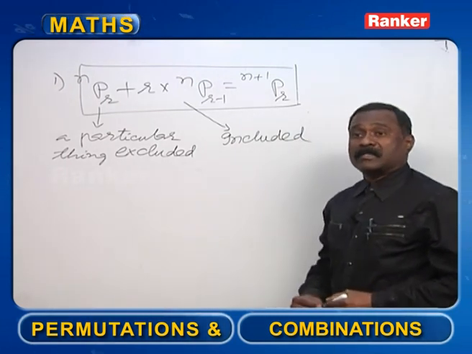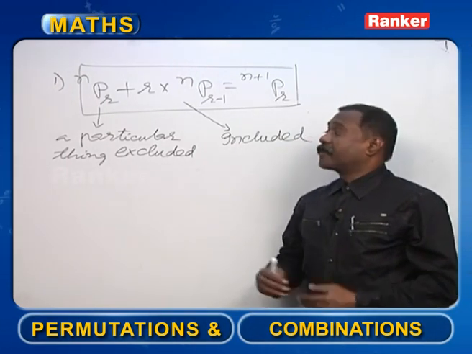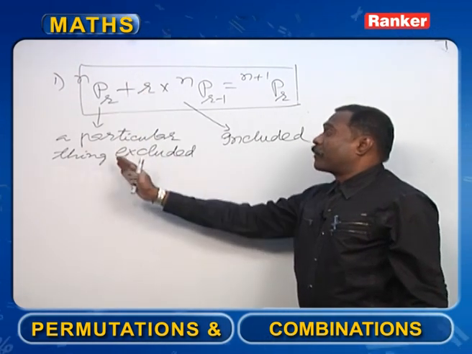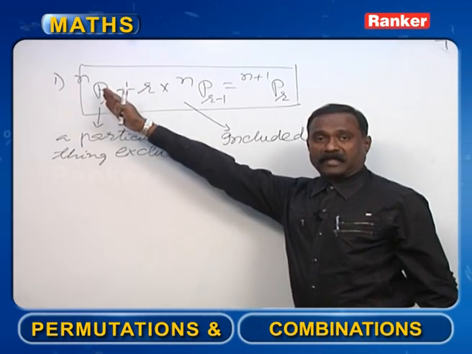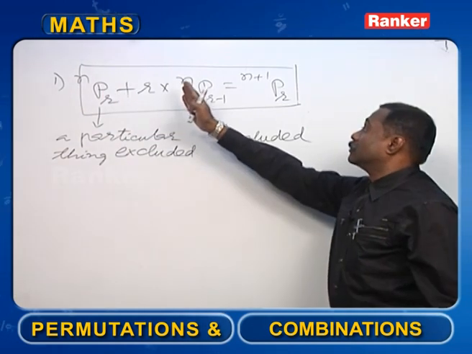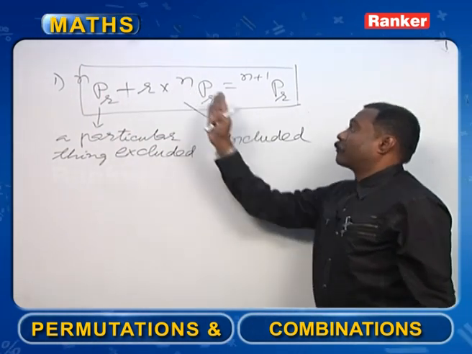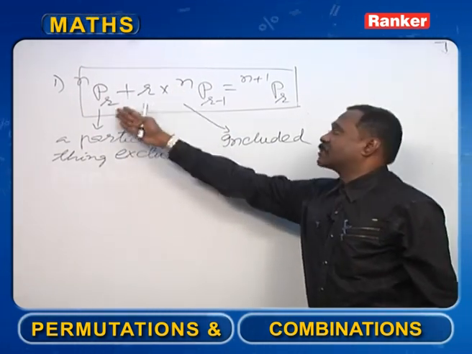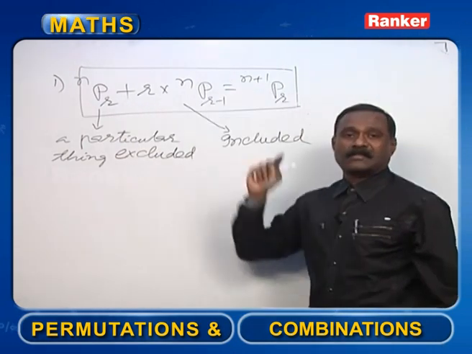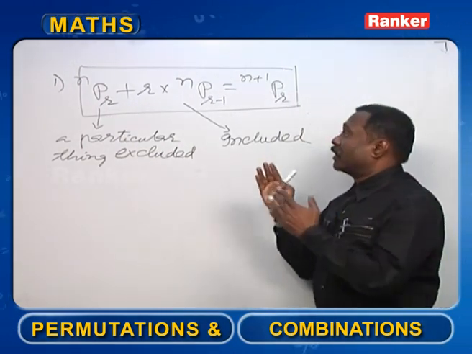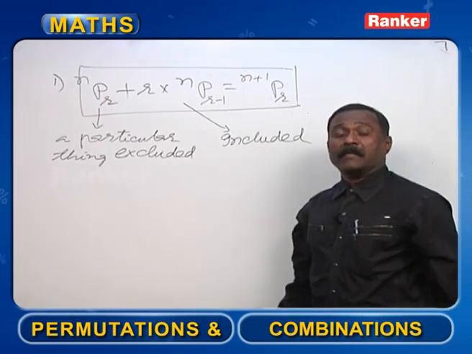So how do you understand this? This is the sum of a particular thing excluded and a particular thing included, which is the total number of permutations. (n plus 1)Pr is equal to nPr plus r into (n minus 1)P(r minus 1).